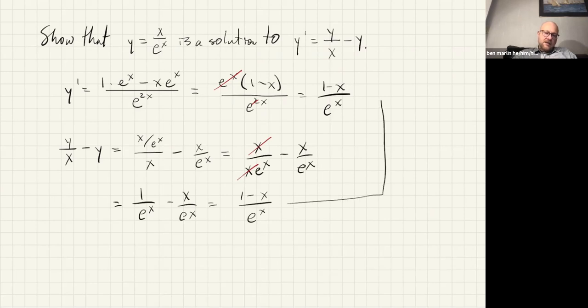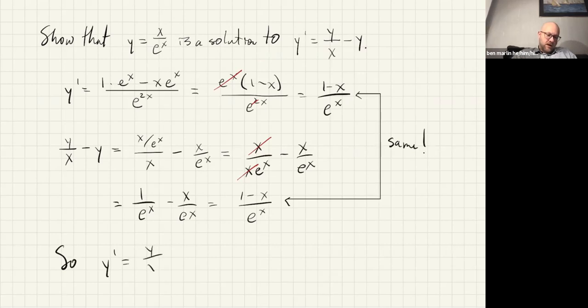Since these two things here are the same, we have shown that y prime equals y over x minus y is true for y equals x over e to the x. Okay.